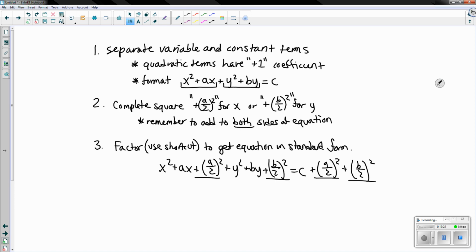We want to get this thing factored, and the shortcut is we're just going to have x plus a over 2, whatever that a over 2 value is in that case, plus y plus b over 2 equals the sum of these, which we'll just call d, and we'll be able to identify the center and the radius off of that. So if you forget the shortcut, no worries.